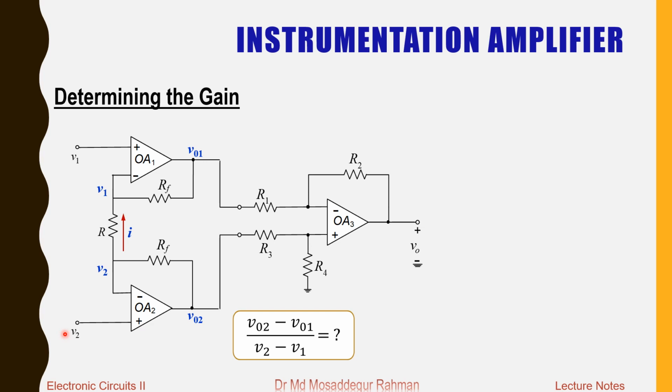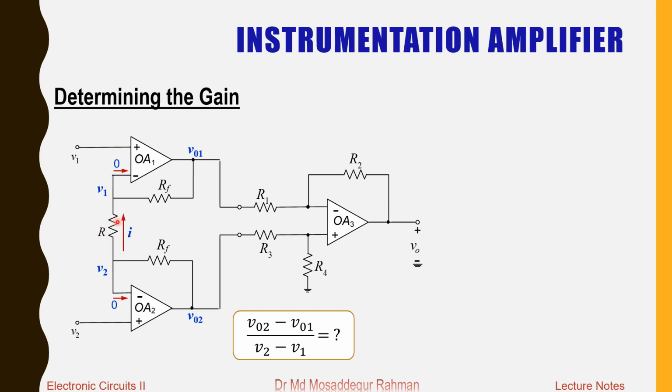Now we have determined the current through R. Now we need to determine what current will flow through these two RFs, and that is also very easy to find out because the current through the other branch is 0. See, the other branch here is going into the op-amp, and an ideal op-amp has infinite input resistance and the current will always be 0.